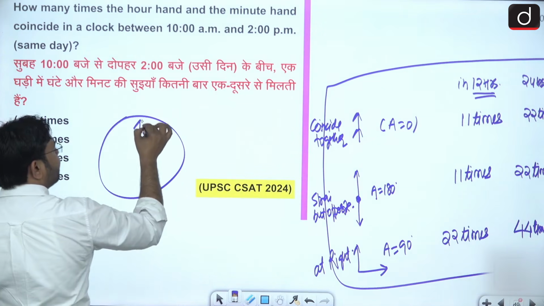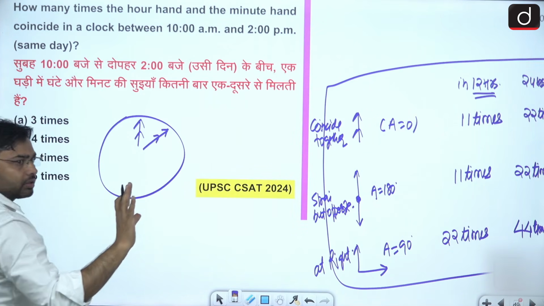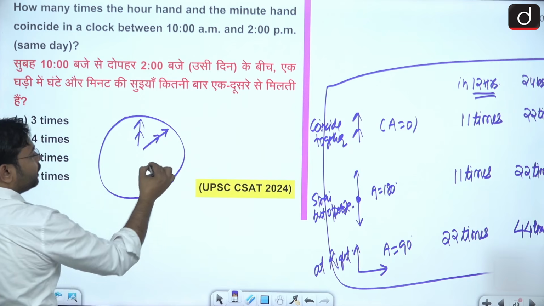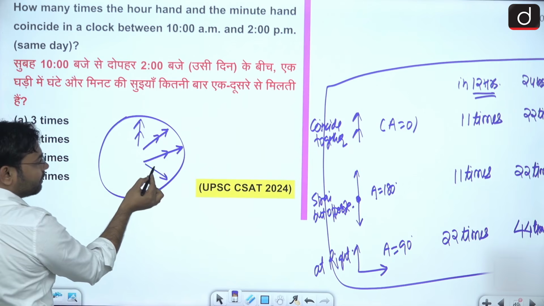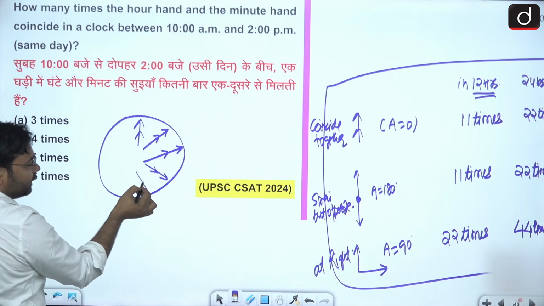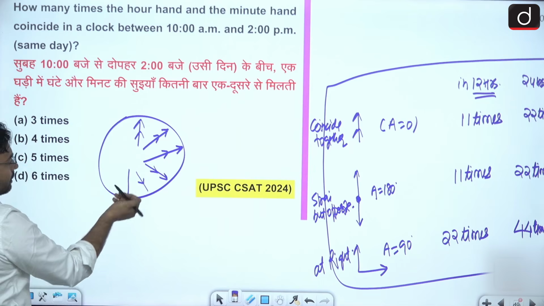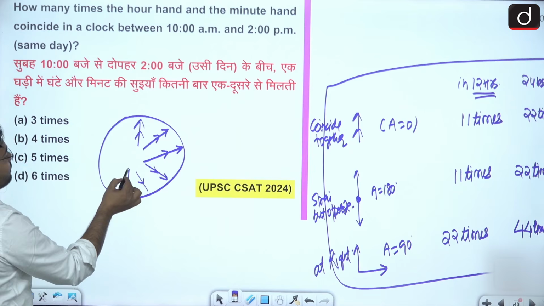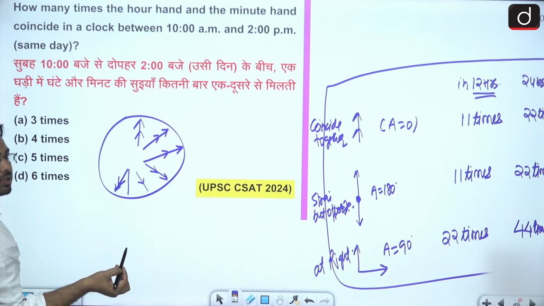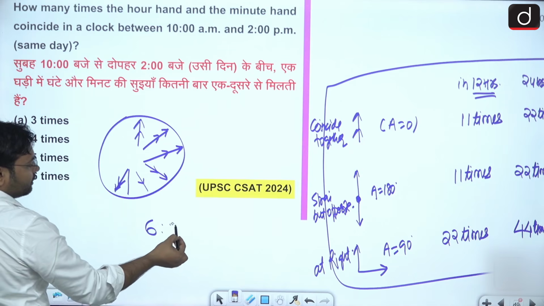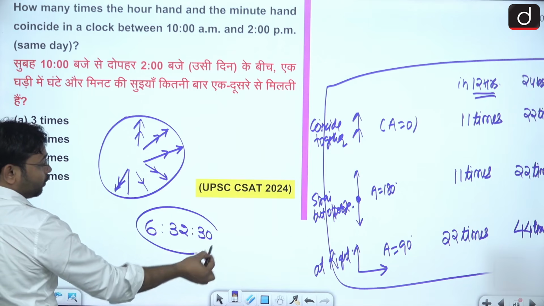For example, exact at 12, 1:05 approx, then 2:12 approx, then 3:17 approx, then 4:22 or more than 4:22 extra at 6:32.5 approx, means 6:32 and 30 seconds approx.